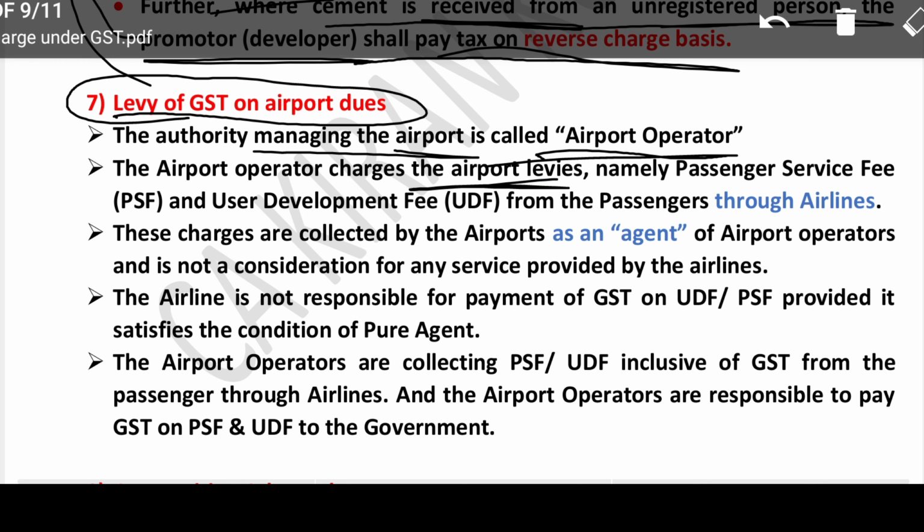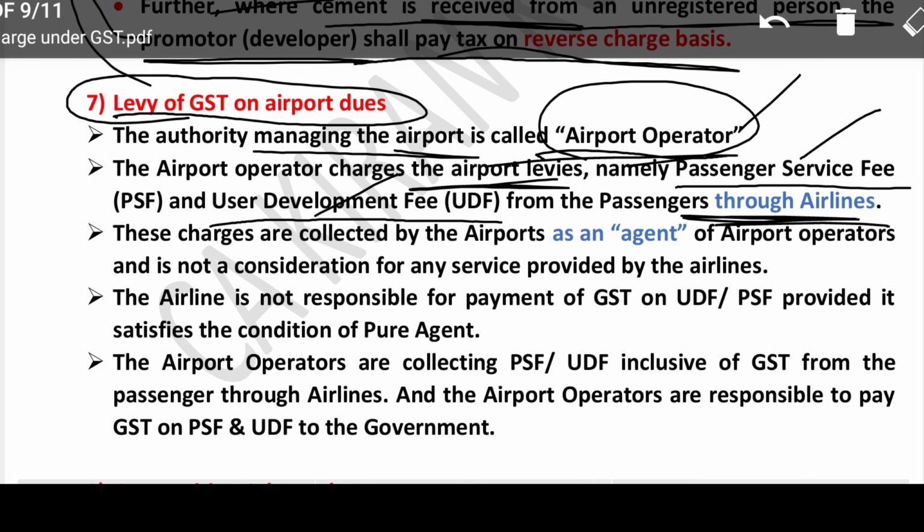If you see a flight ticket, you can find this fee, the passenger service fee and user development fee. It will be collected from the passengers through the airlines, because the airlines will charge these two services on behalf of the airport operator. So you can find it in your flight tickets as well.